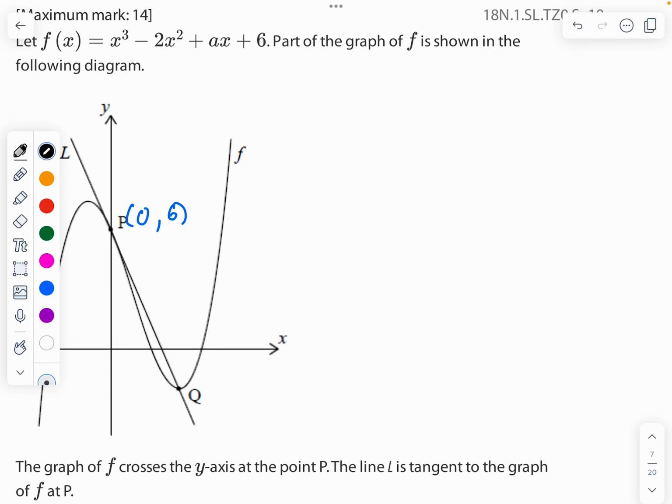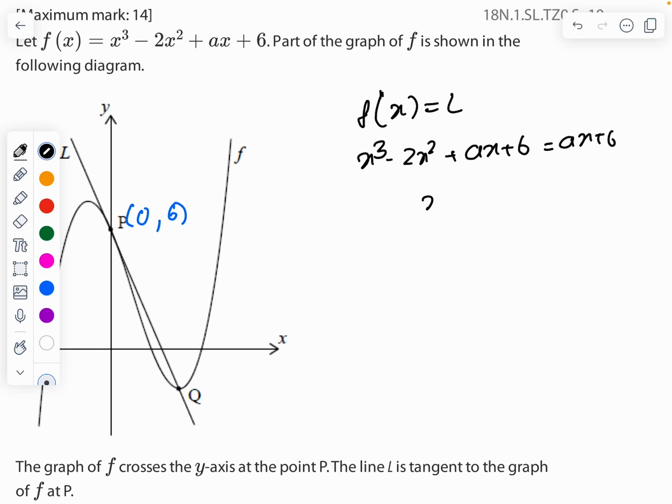F of x should be equal to L, so x cubed minus 2x squared plus ax plus 6 equals ax plus 6, which gives me x cubed minus 2x squared equals 0. X squared common, x minus 2 equals 0. So x equals 2 at Q. So I got the value of x at Q.